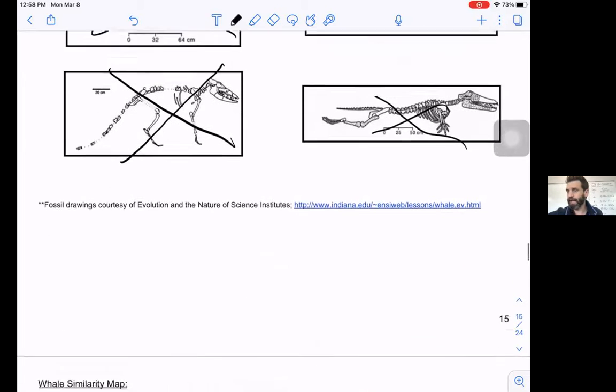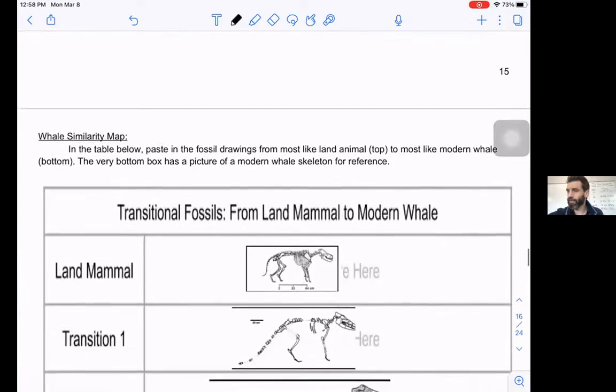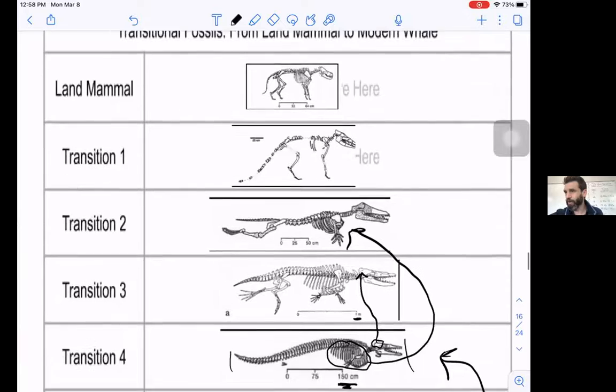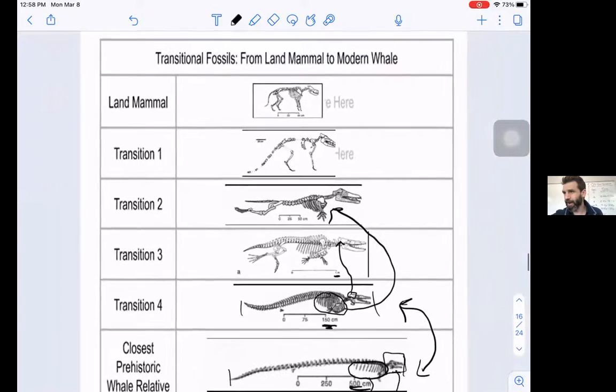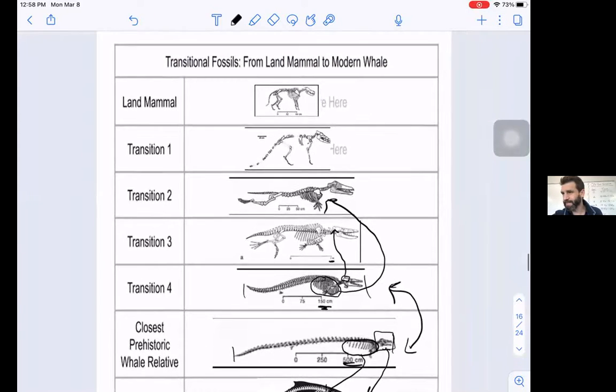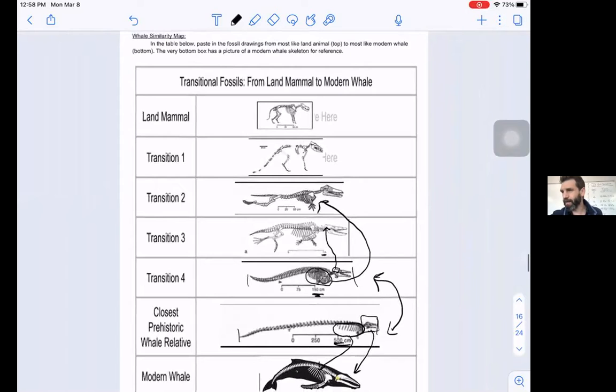So the first thing we did in class, and there's no right or wrong answer here, was to cut those shapes out and place them in what we thought was a natural transition from four-legged walking animal to modern whale.